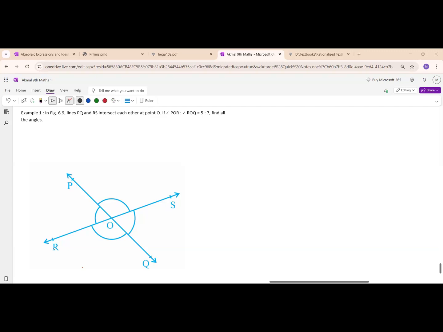Sir, why did they give 5 and 7? Yes, Akmal. Okay, I'll tell you. They are saying that the ratio of angle POR to angle ROQ is 5/7.